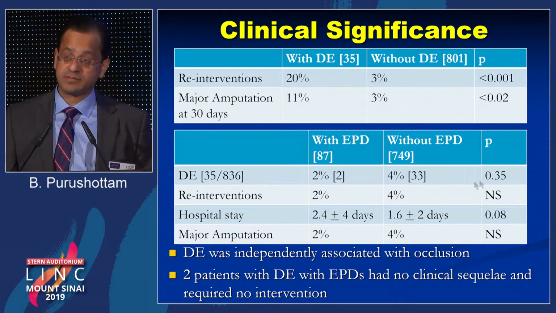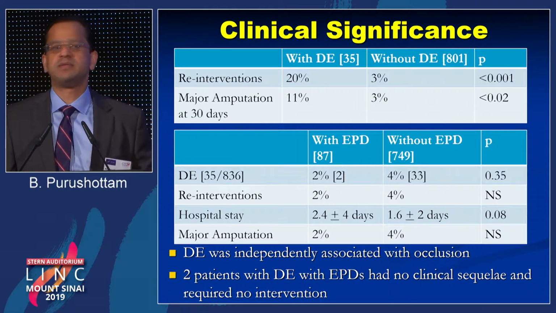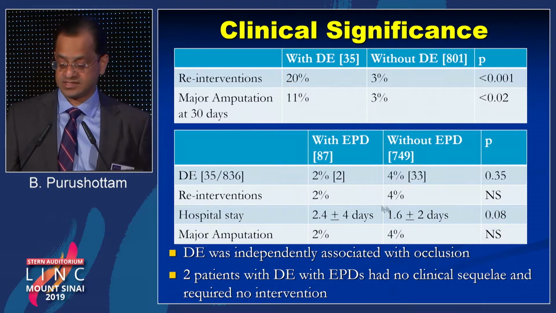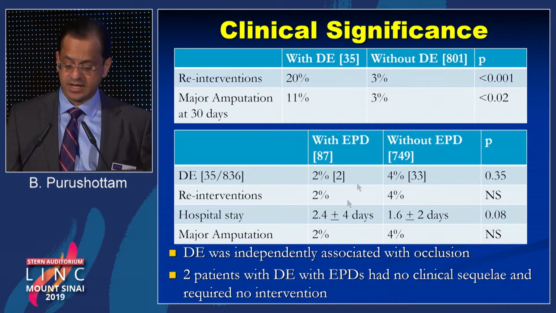But when you classify them into EPD and no EPD, interestingly, they didn't find any difference. This could be skewed because not all the patients received it, and maybe there was some selection bias. So it gets a little confusing. And the 2 patients who did develop distal embolization had no clinical sequelae.